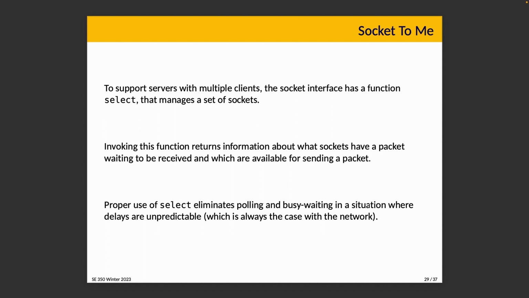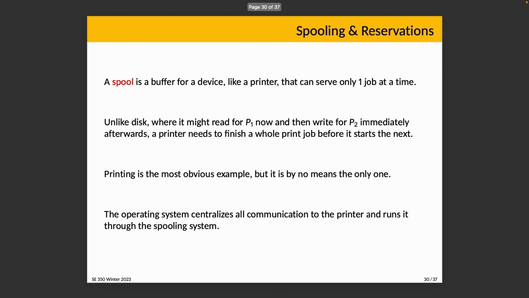That is, because select returns information about, say, which sockets have data available and which ones don't, we don't get blocked and we don't have busy waiting behavior by trying to receive data on a socket that has no data to receive right now. Right, and it does eliminate some headaches where delays are unpredictable, and delays are unfortunately always unpredictable when we're talking about the network.